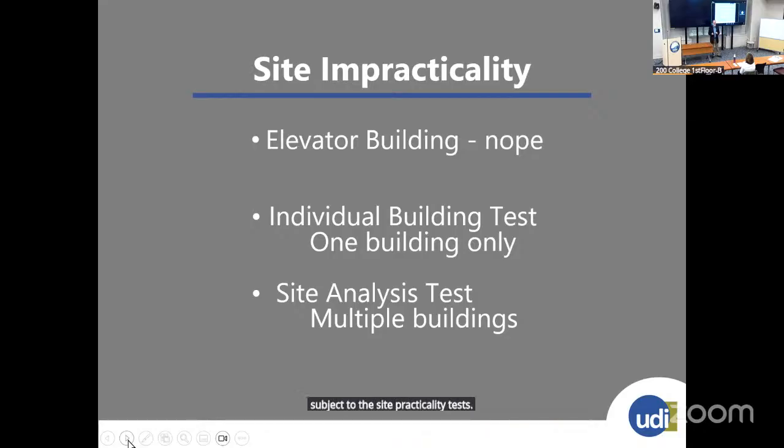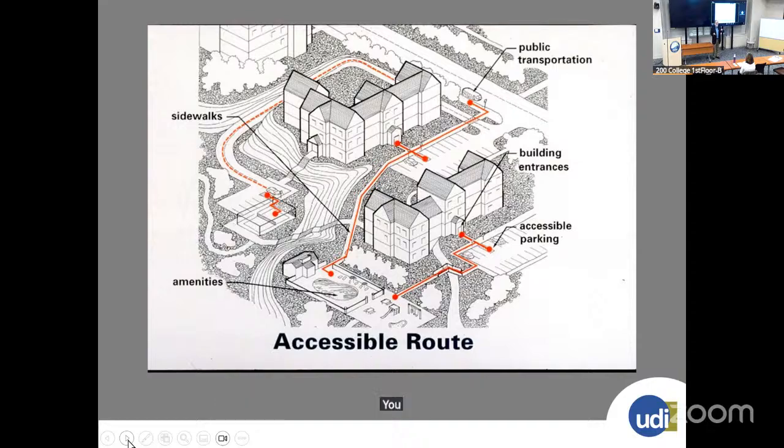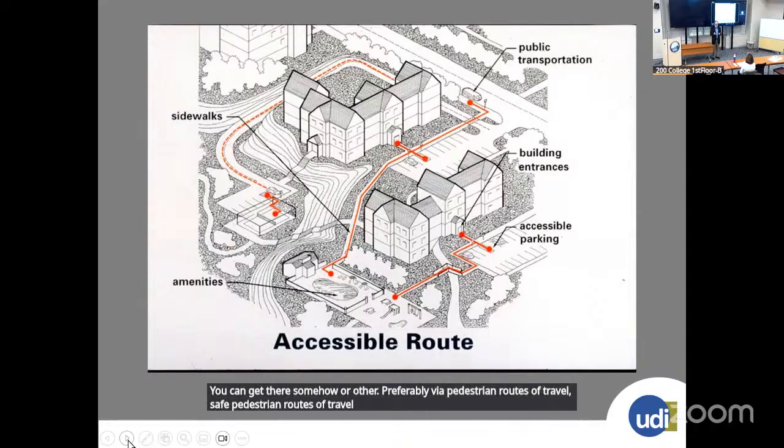And if you're looking through the manual now, there's some extra ones here. You can check that out. So the idea is that you have site accessibility, so that from parking to all of the amenities on the site, you can get there somehow or other, preferably via pedestrian routes of travel, safe pedestrian routes of travel. But in this case, and there is a way to hit a little button.